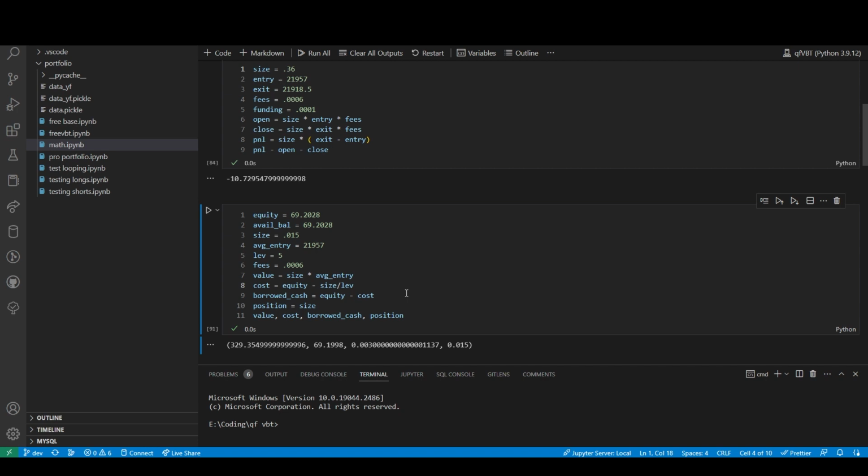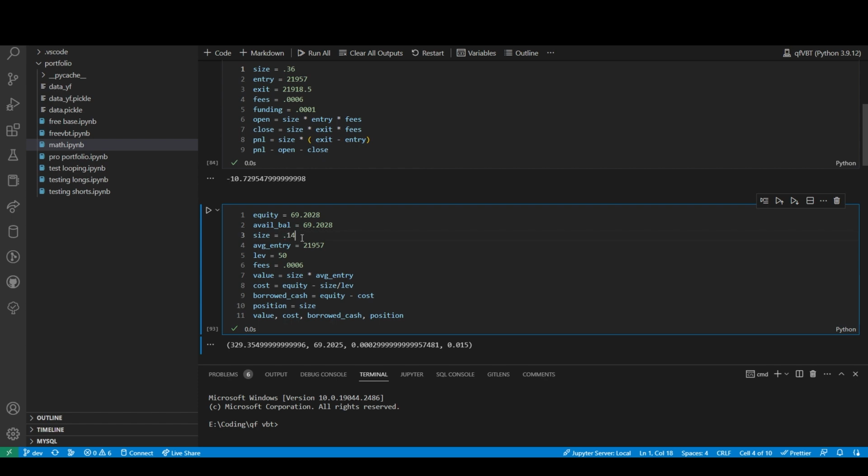The cost would be that much? So if I increase this to 50... what? Oh, wait a minute.